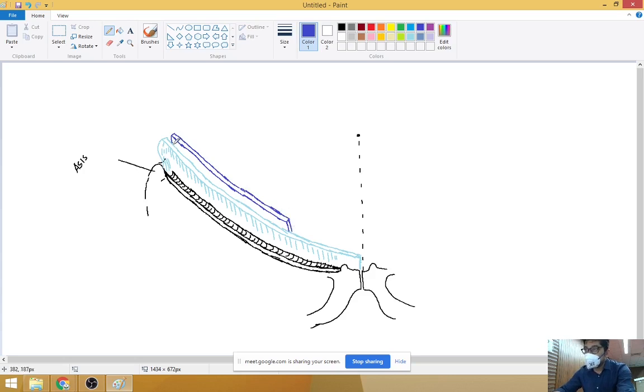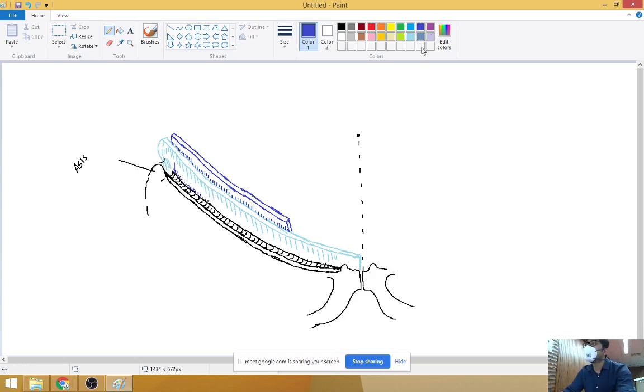So the internal oblique is also taking origin from the inguinal ligament, isn't it? Down here somewhere the internal oblique is taking the origin from the inguinal ligament. Okay, we know that.